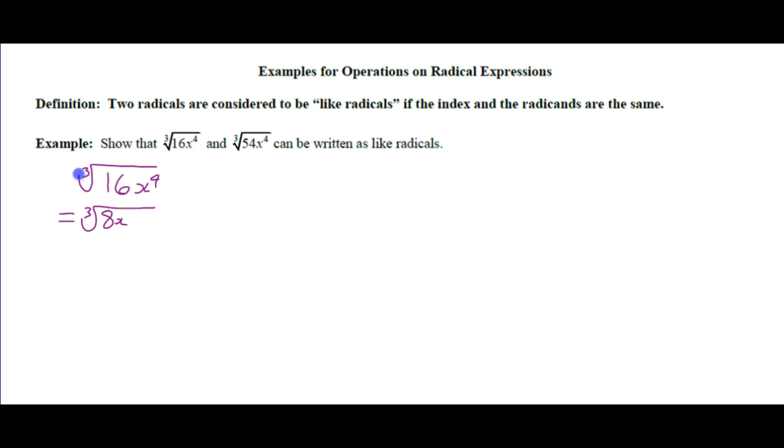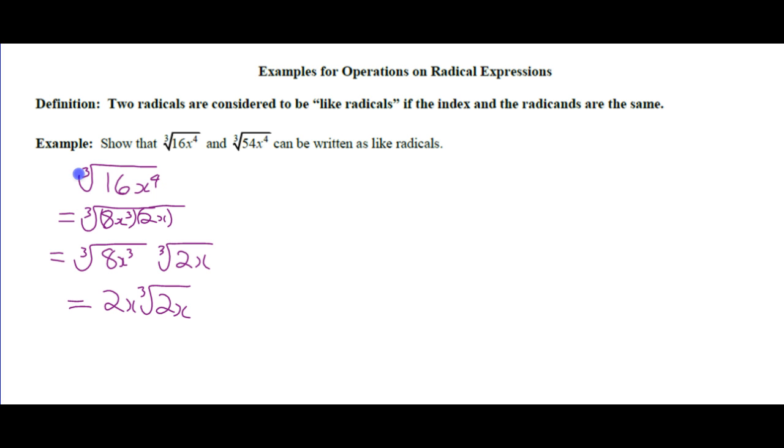X cubed. So we go 8x cubed. Now we need 16, so then it's times 2. And we need x to the fourth, so then times 2x. Which becomes the cube root of 8x cubed times the cube root of 2x, which becomes 2x cube root 2x.